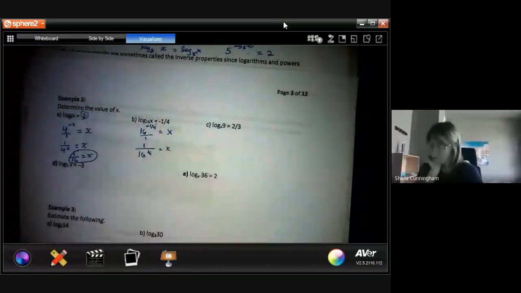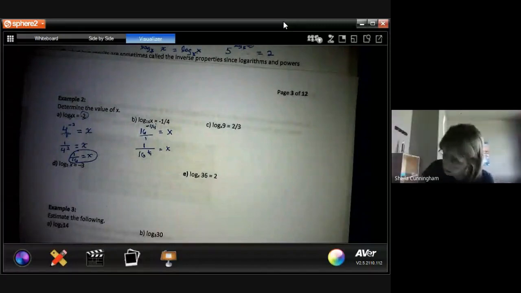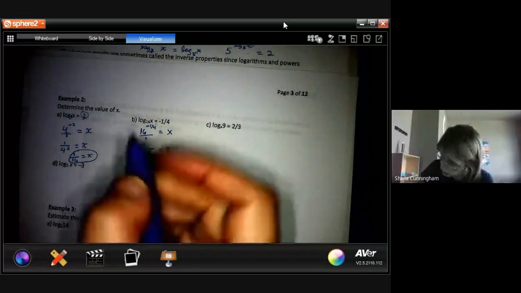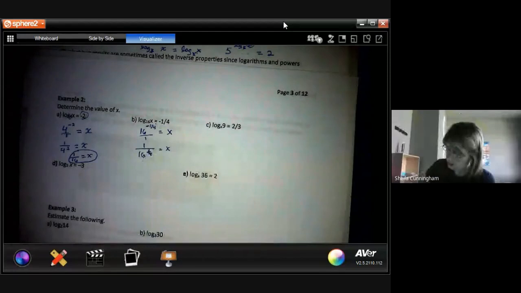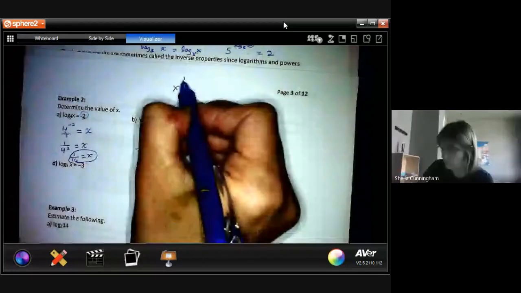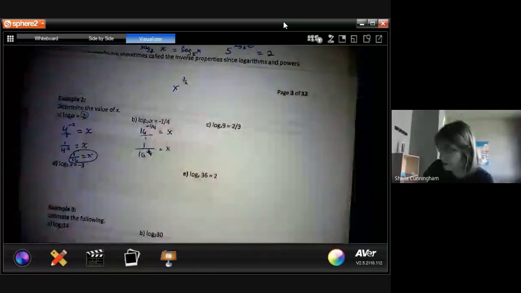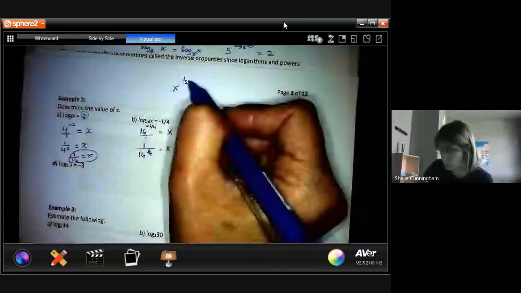The problem with this one is, what does that quarter mean? Having an exponent of a quarter like that, what does that mean? If I have a base to a power of a half, that means I'd be looking for the square root, right?